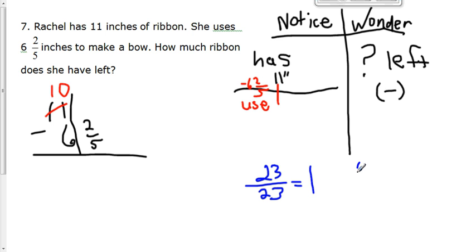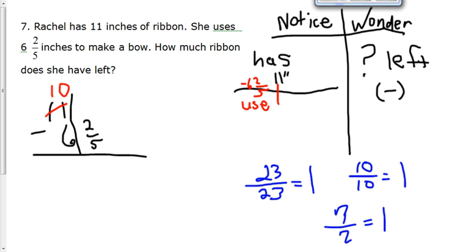Let me see, 10 out of 10. That's the whole group. 10 out of 10 is 1 whole. Let's see, 7. Whoops. 7 out of 7 is equal to 1 whole. In this case, adding and subtracting fractions, you have to have a common denominator.